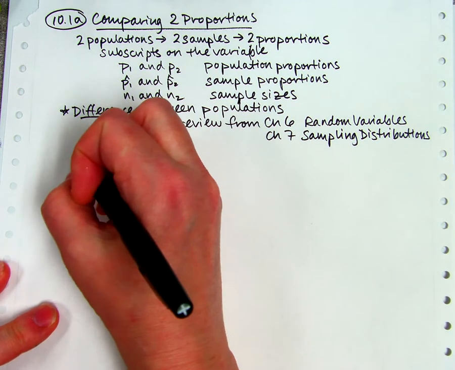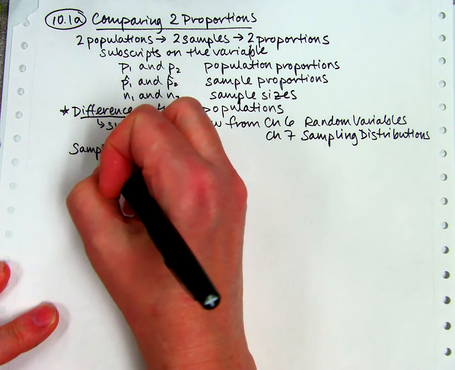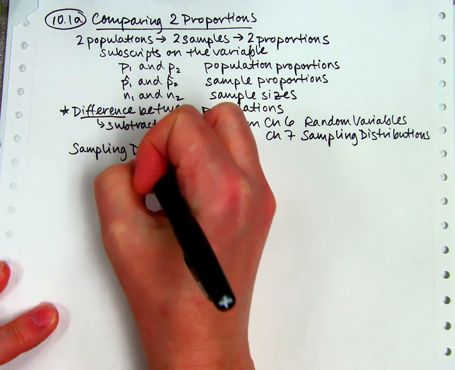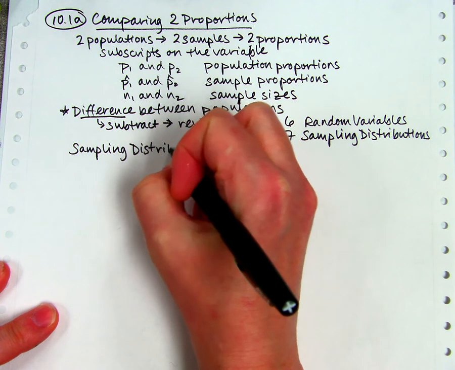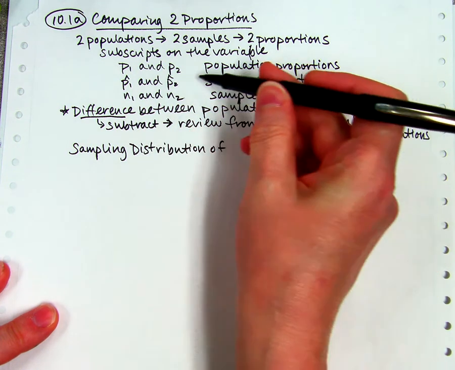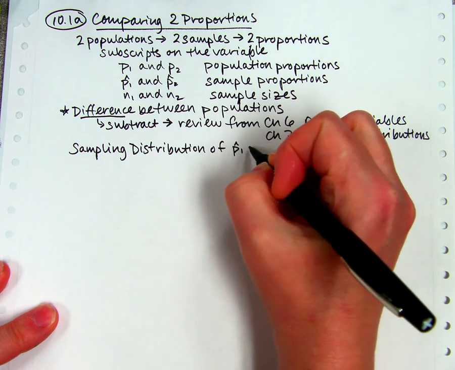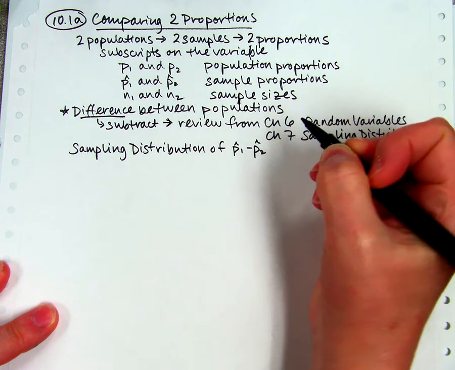So I'm going to teach you what is true, some properties of the sampling distribution of the result of subtracting two sample proportions. So that's if you do P1 hat minus P2 hat, what happens?